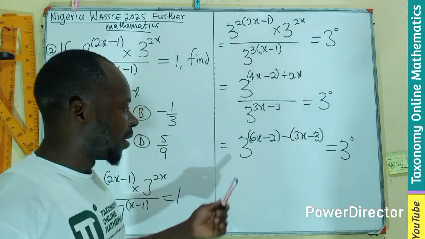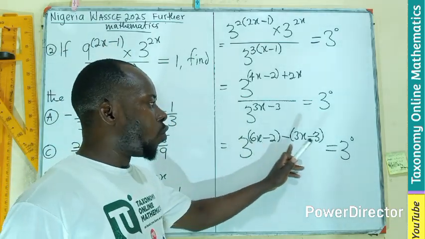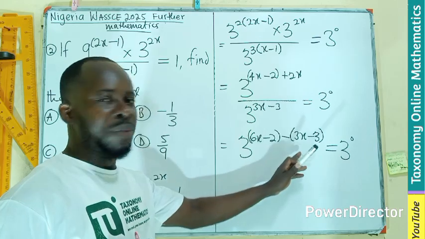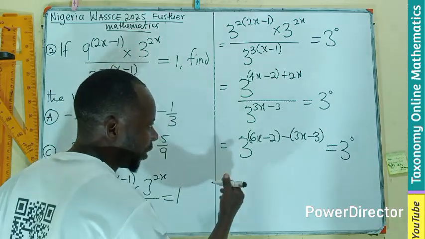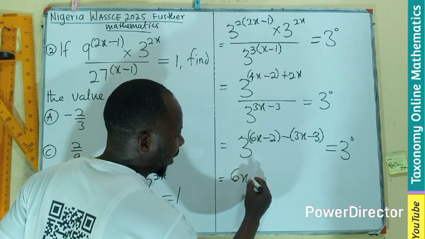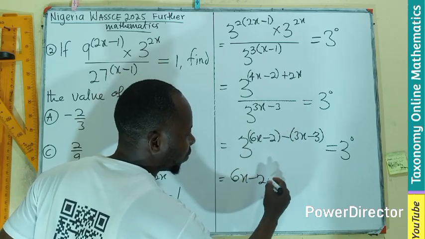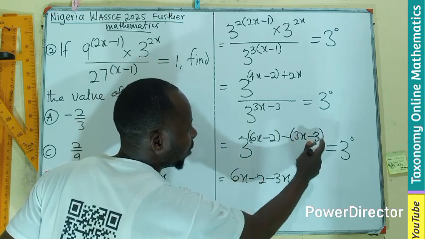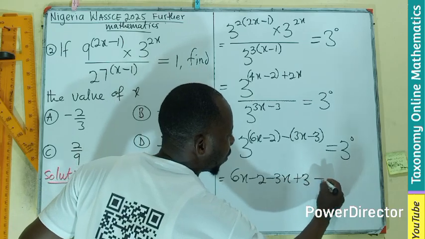Since this is the same base, I can easily equate the exponent leaving the base behind, and this will give me 6x minus 2, minus 3x plus 3, all equals to 0.